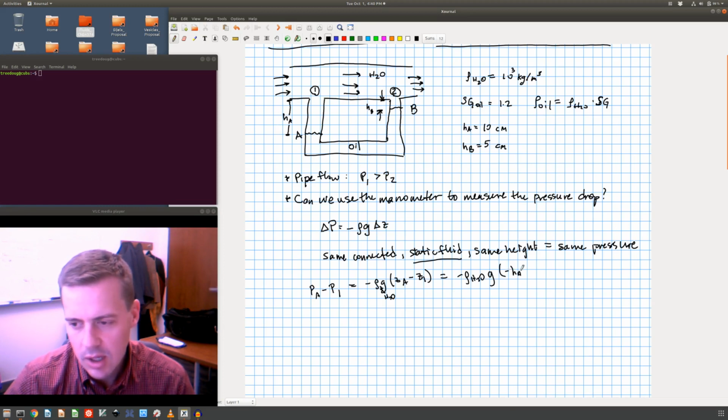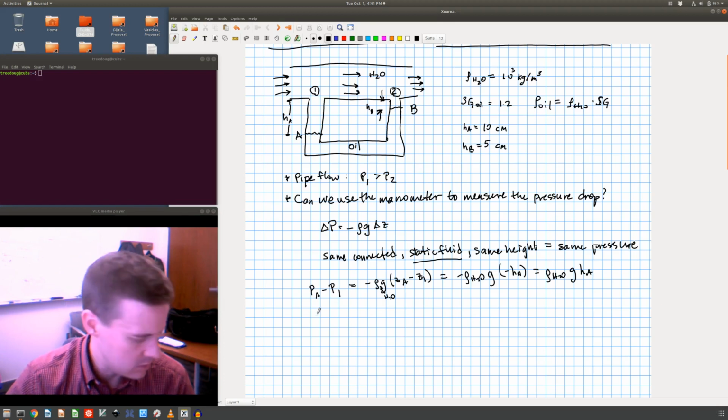So that gives me rho H2O G HA. And that makes sense: PA is going to equal P1 plus that. I'm just checking my minus signs there.